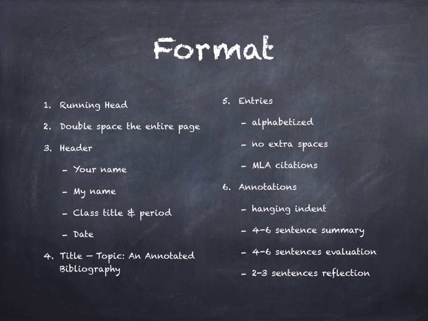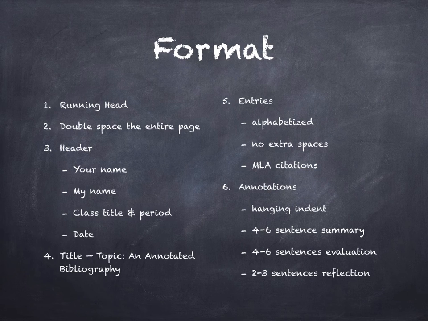Let's talk about your format. You're going to have a running head, also known as your header, in the right-hand corner of each page, and this should be your last name and your page number. You want to double space the entire page, but make sure that you remove any extra spaces inserted between the paragraphs. That's very important.